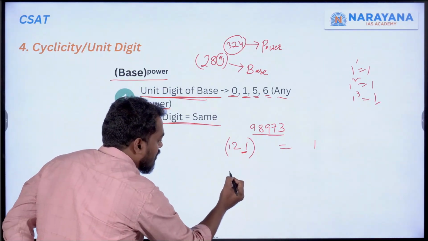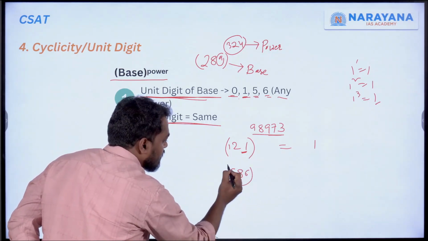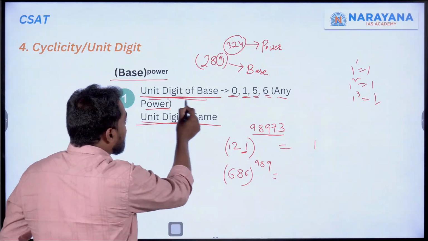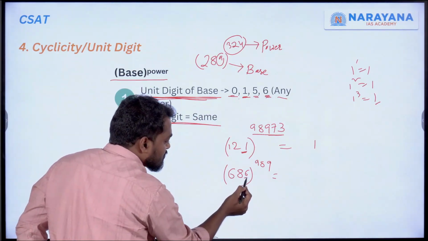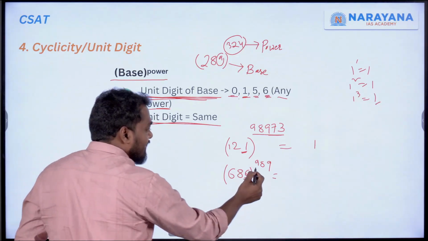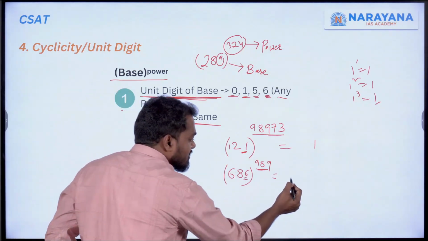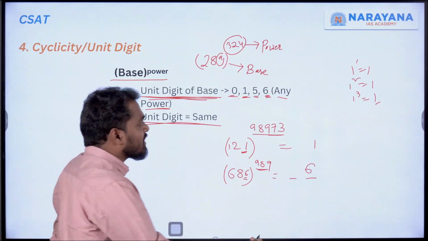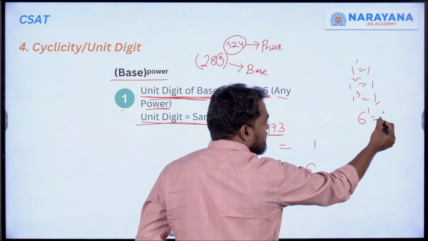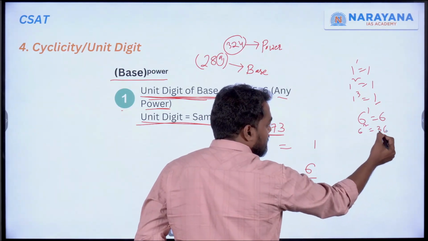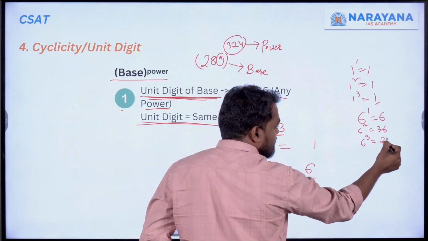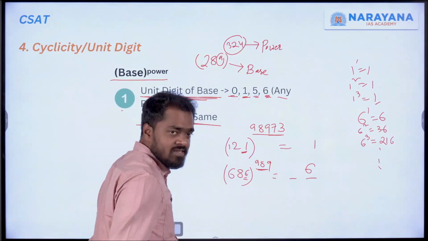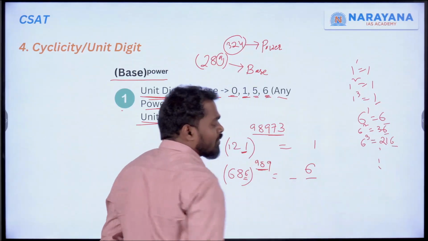Similarly, if there is a number like 686 to the power 989, apply the same rule. The unit digit of the base is 6, let it contain any power, the unit digit you will get is 6 only. 6 to the power 1 is 6, 6 square is 36, 6 cube is 216. So whatever power you take for 6, you will get 6 as your unit digit.